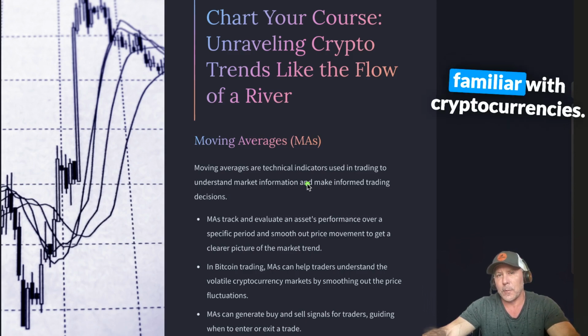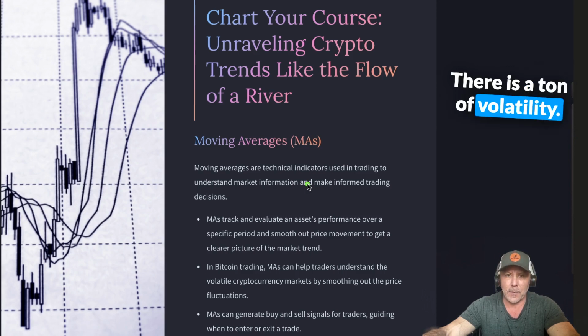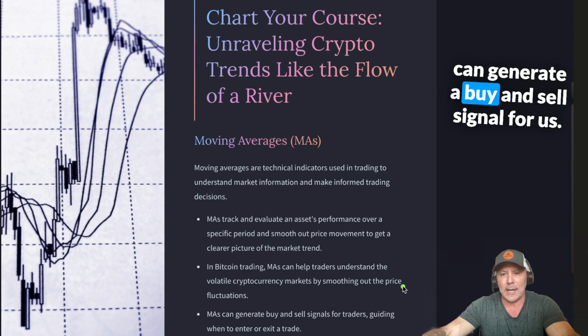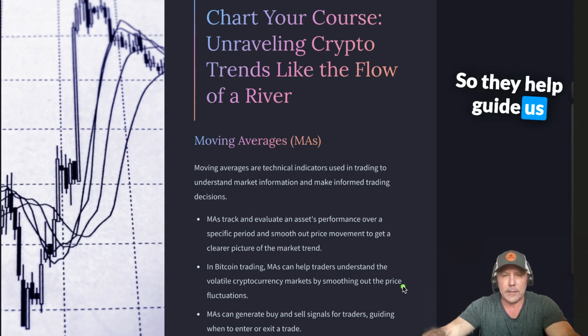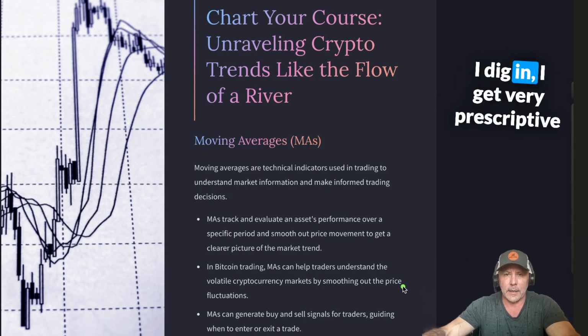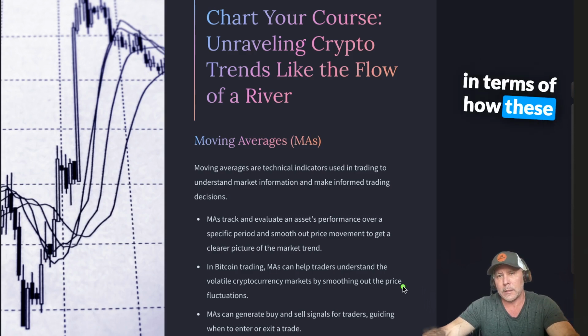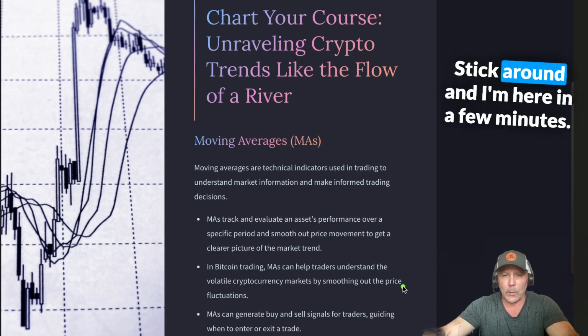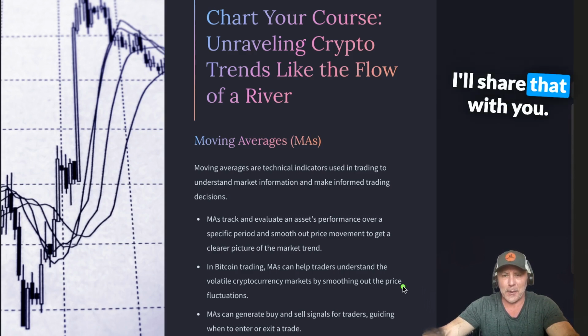For those of you that are familiar with cryptocurrencies, there is a ton of volatility. And number three, or lastly, they can generate a buy and sell signal for us. So they help guide us for entries and exits. I get very prescriptive in terms of how these moving averages work, what to look for, both buy and sell. Stick around and in a few minutes, I'll share that with you.